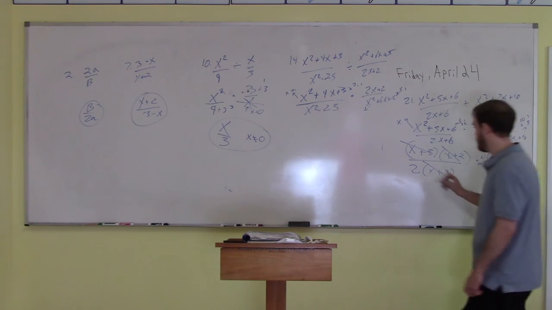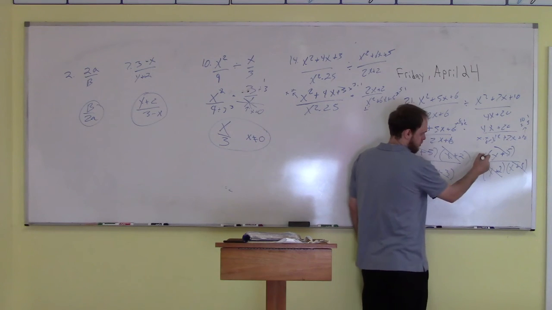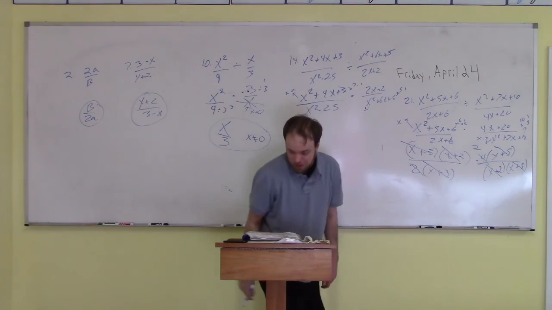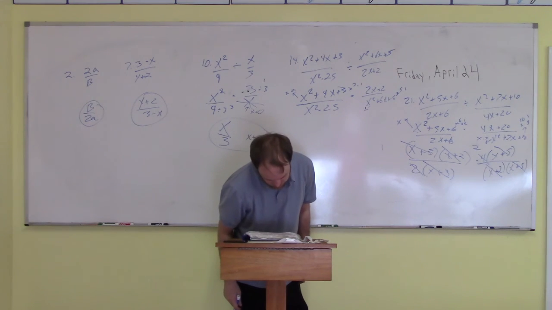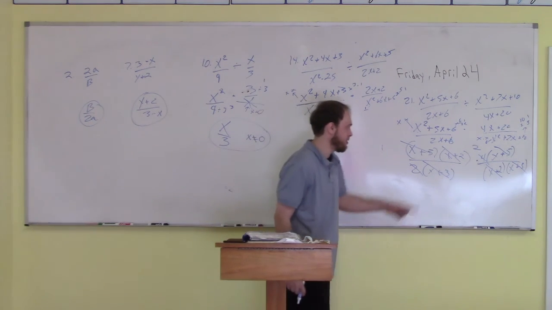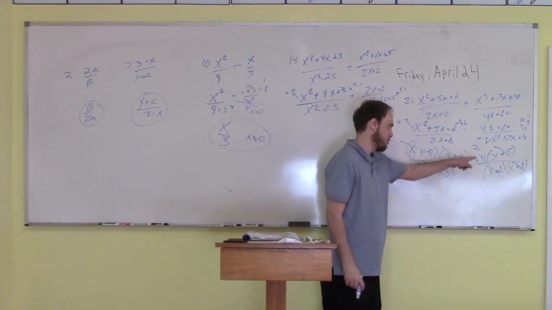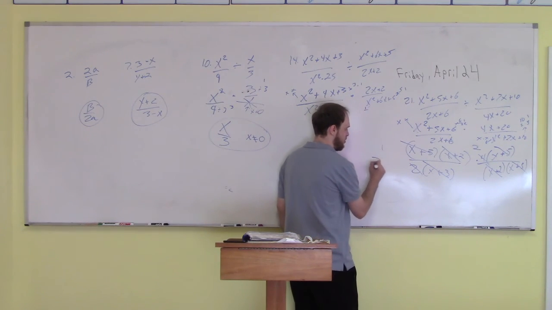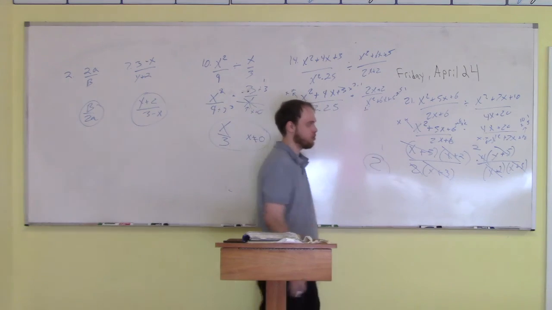The 4 and the 2, so that'll cancel with the 4, just leave me a 2. So then pretty much for 21, everything canceled except for this 2. So 4 divided by 2 left over the 2. So everything else canceled, and my answer would just be 2.